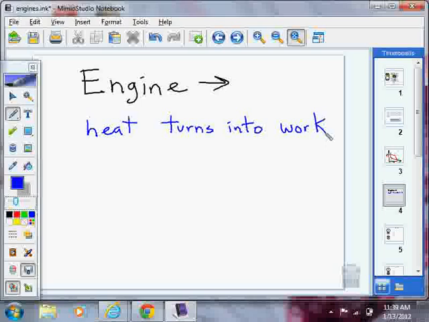So for the whole process of an engine, the whole cycle, your Q is going to be positive.